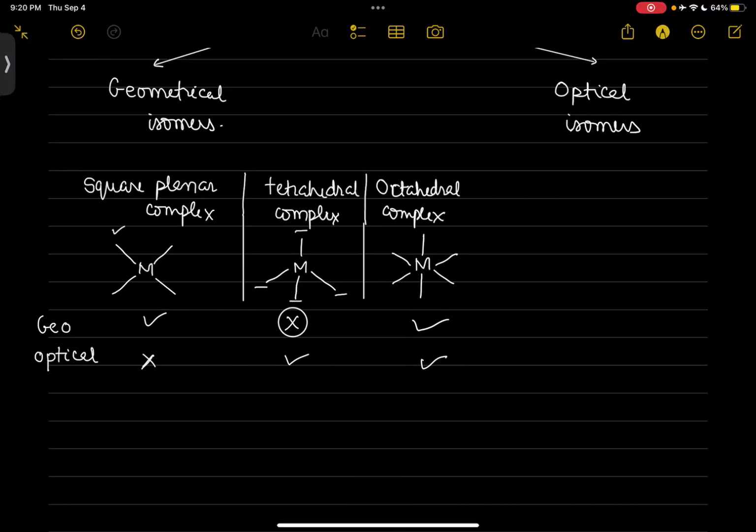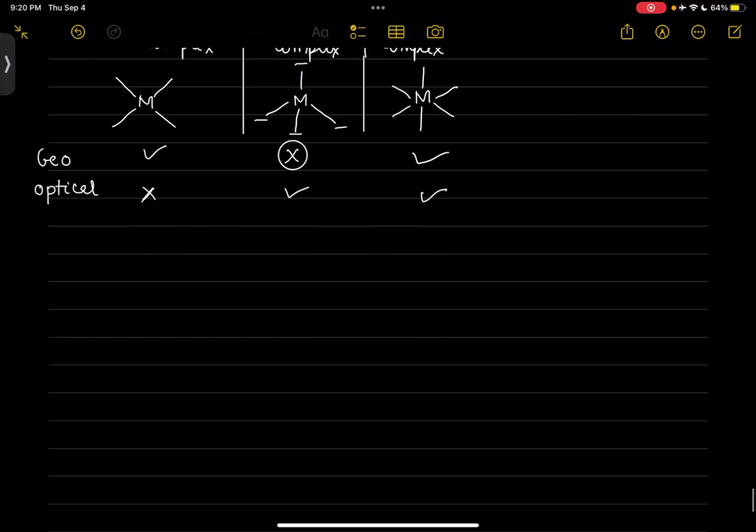In square planar, you can consider cis and trans. So that's why tetrahedral will not show geometrical isomerism. Do keep this in mind. Octahedral can show. So geometrical isomerism occurs in square planar complexes.